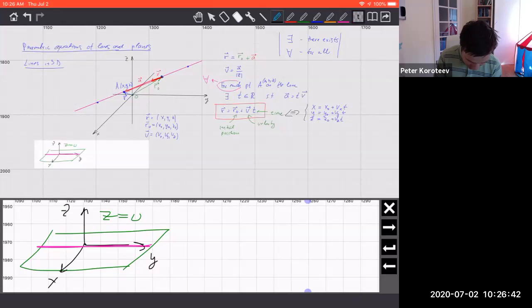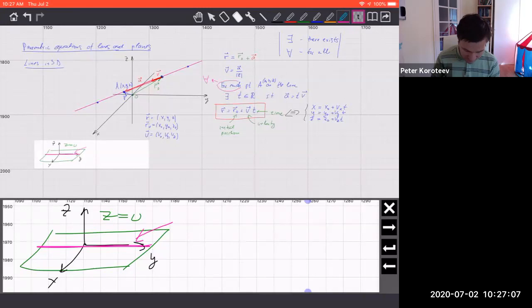The green plane is described by the equation z equals 0. Either give me a vector equation or give me the three scalar equations to describe the purple line.